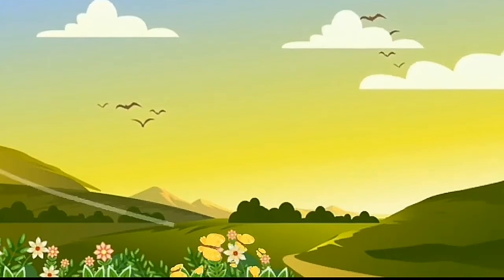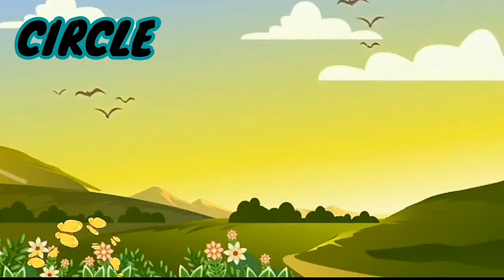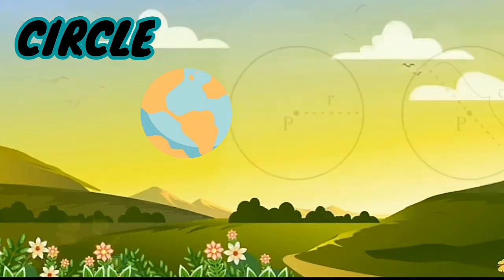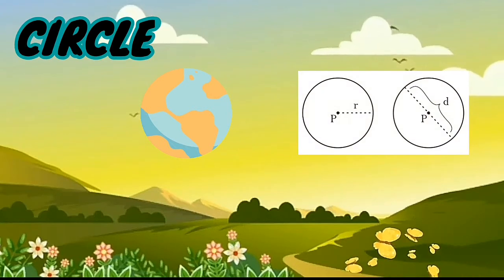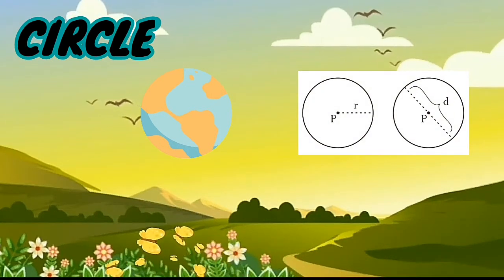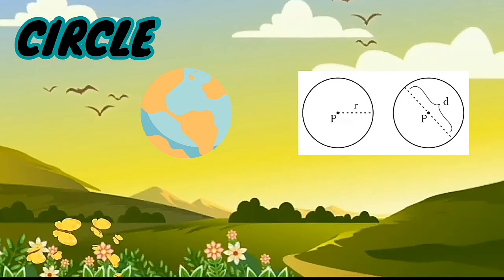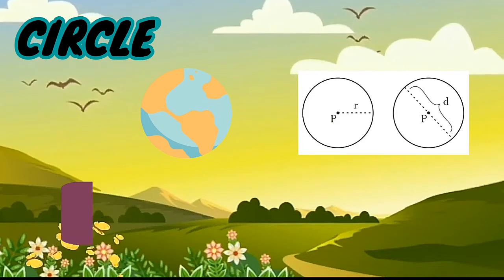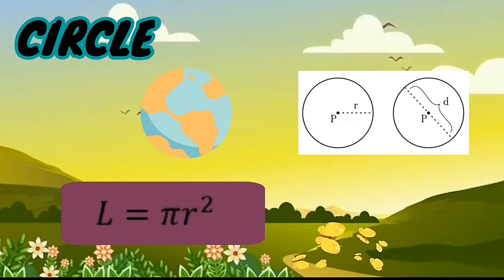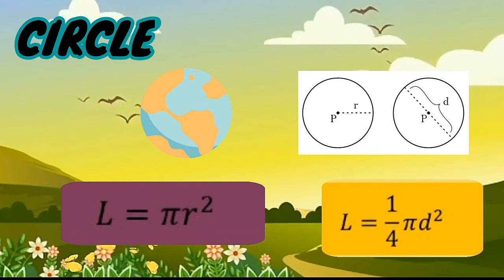Now we enter the last material, namely the circle. Can you see what shape or picture a circle looks like? The formula for the area of a circle is determined by the radius of the circle, where the formula is L equals pi times radius squared, or L equals a quarter pi times diameter squared.